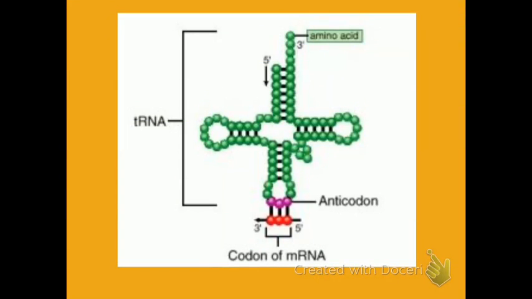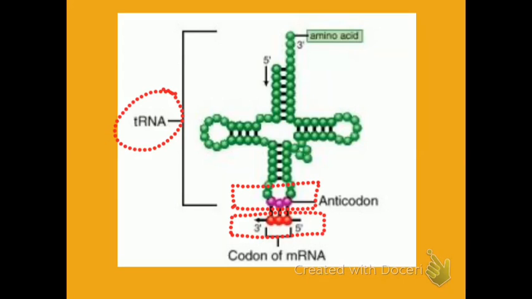Here's a close-up look at tRNA. So tRNA, remember, hangs out in the cytoplasm of cells, and the codon of mRNA meets with the anticodon of the tRNA, and the amino acid that's on the end gets linked with other amino acids to form a polypeptide.